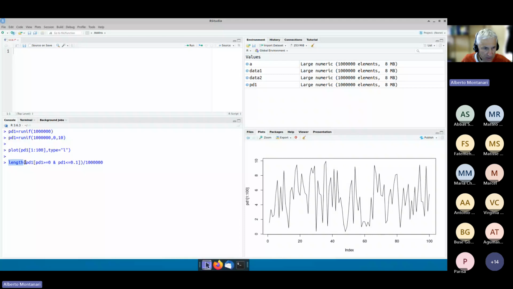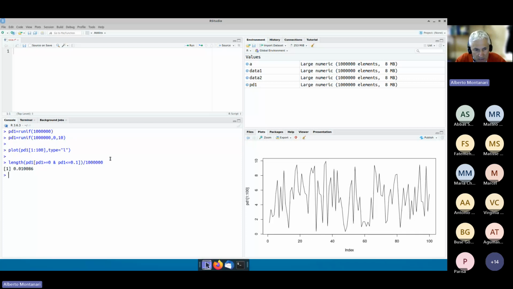What vector? PD1, but with some conditions in order to make the selection. The first condition is PD1 greater or equal than 0. This wouldn't be really necessary because we generated numbers in the interval 0, 10, so in this case it's not needed, but for clarity, it's there. And PD1 less than 0.1, divided by 1 million.